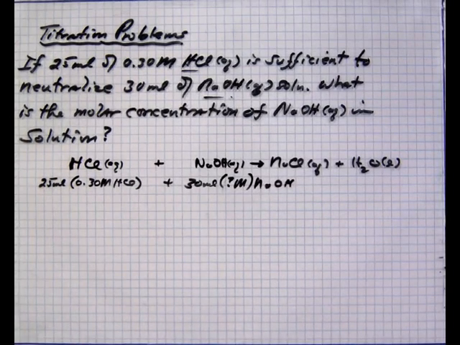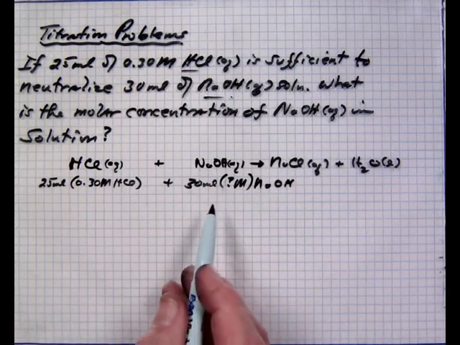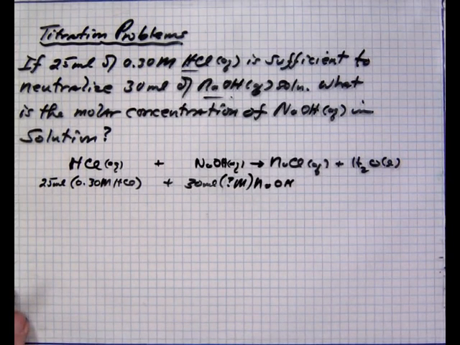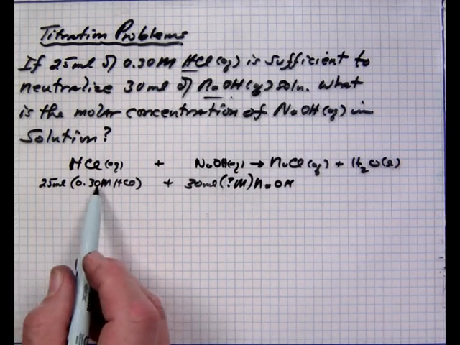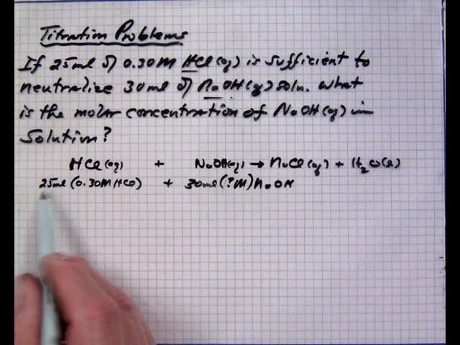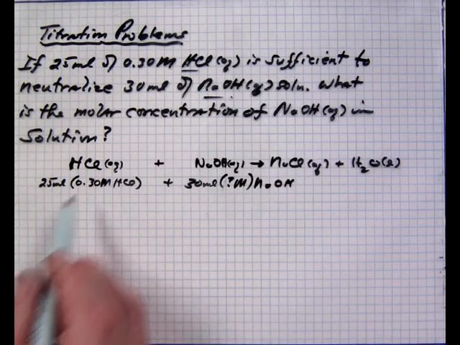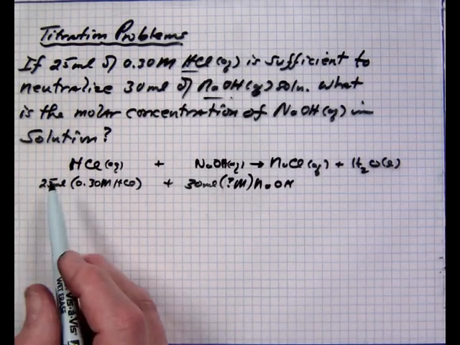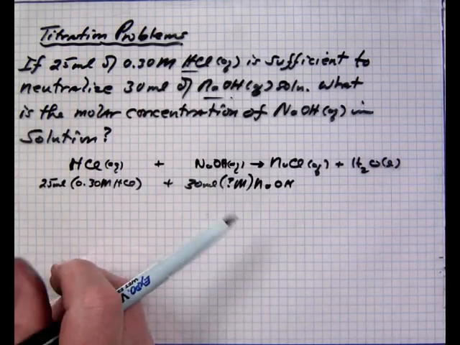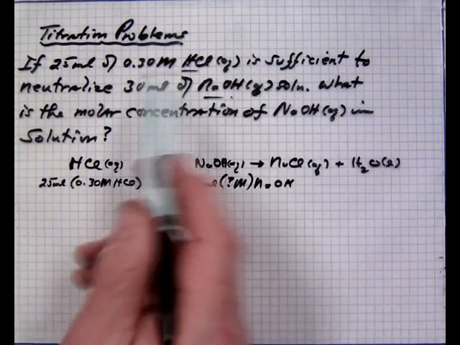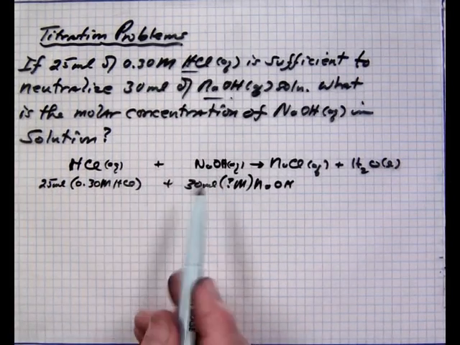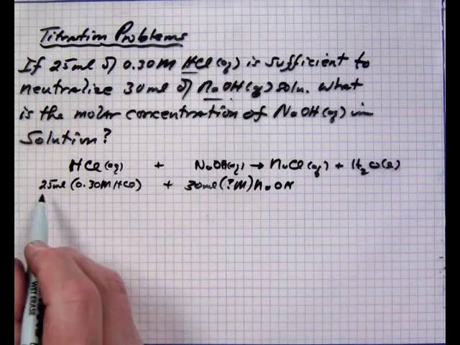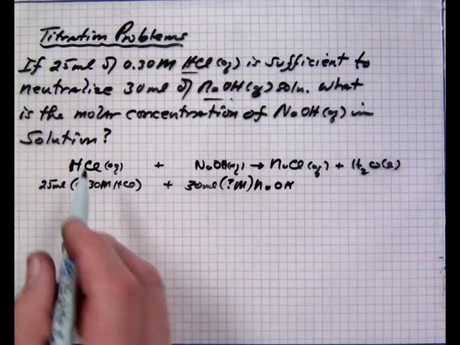Now, in this issue right here, we do not necessarily have to convert the volumes to liters. Molarity times volume is moles, and if you need the moles exact, in this case, you would have to convert to liters. But since when we set up the equations of this, you'll see that both sides of the equation will be the same units.